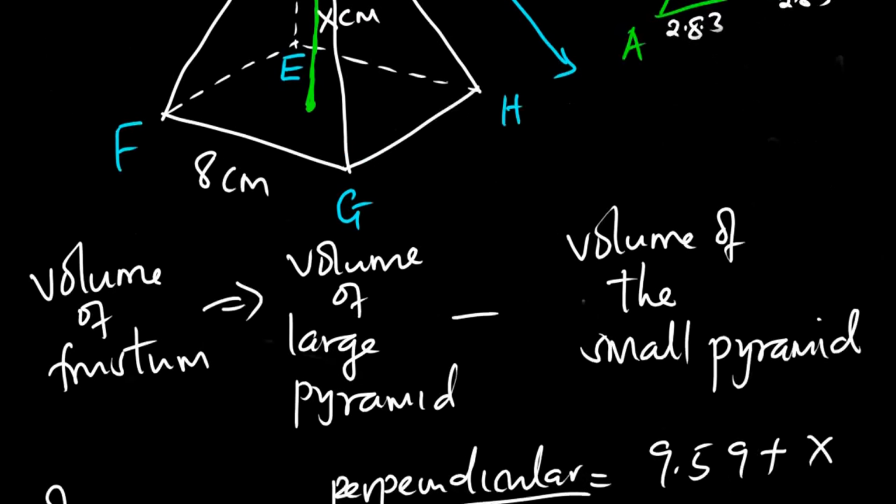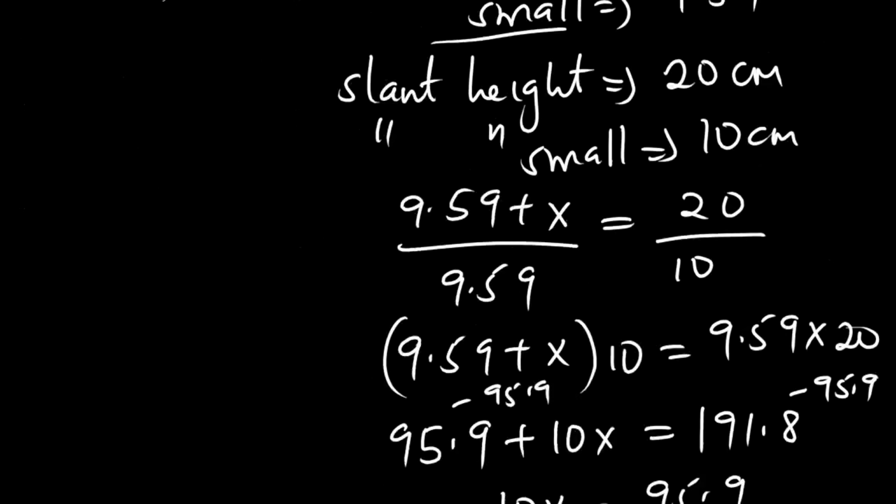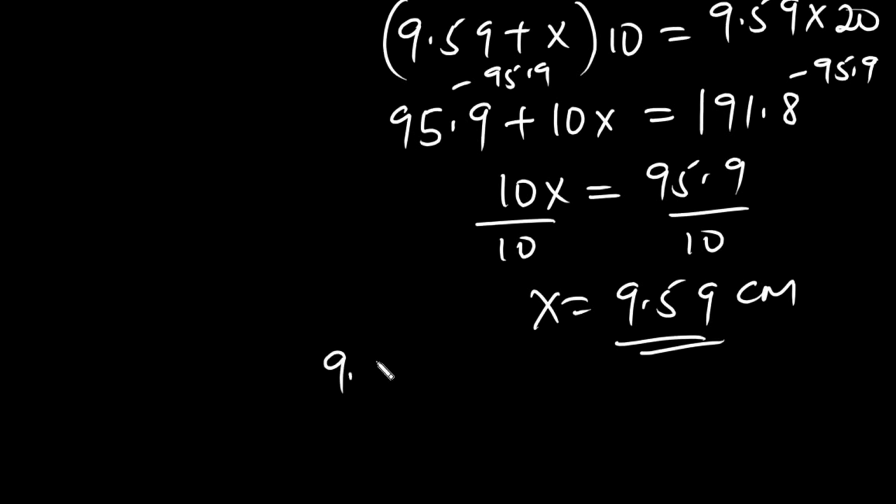And what was x? x was the distance from here to here. So that means the entire height of that pyramid is 9.59, the height of the small pyramid, plus x, which is also 9.59.